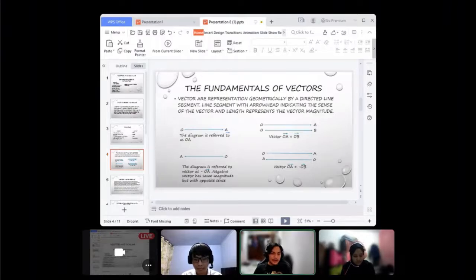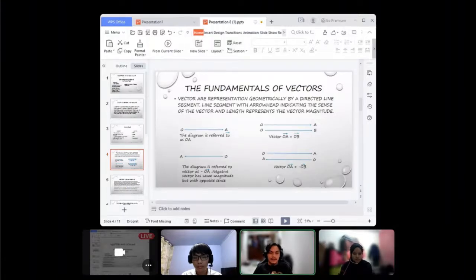The diagram under it is referred to as vector negative OA. A negative vector has the same magnitude but the opposite sense.